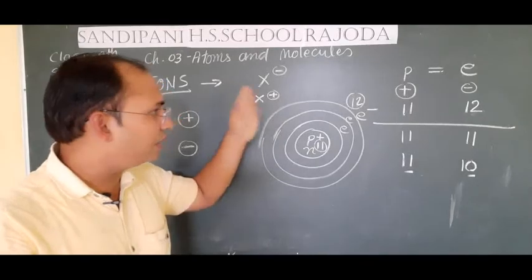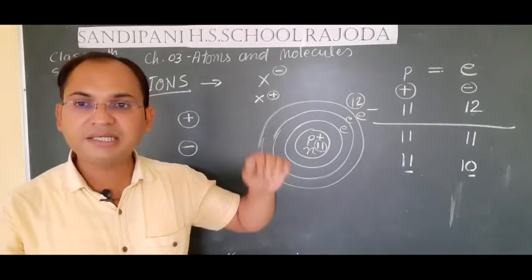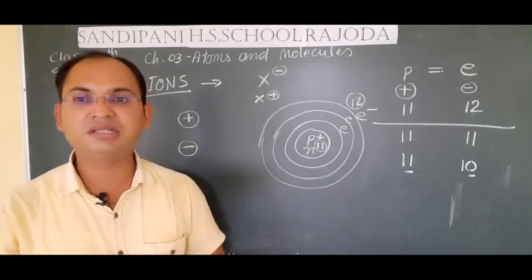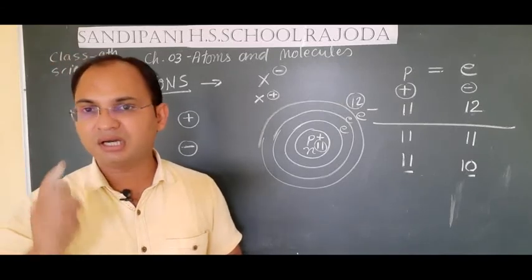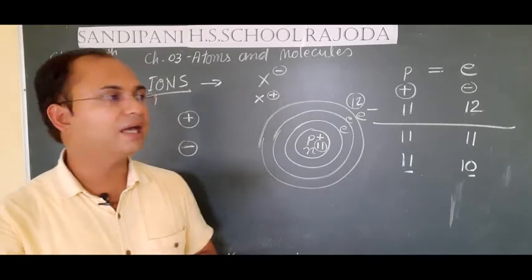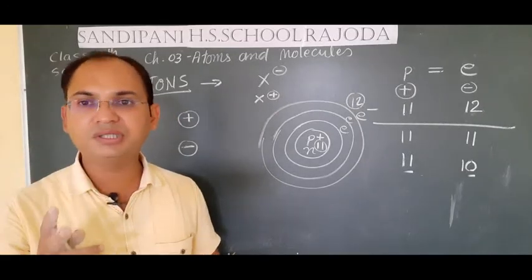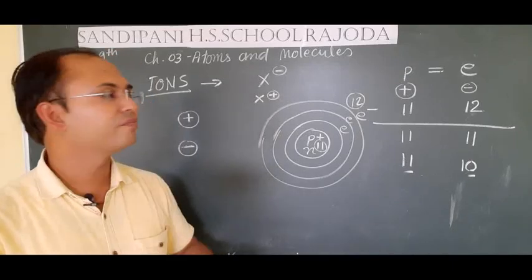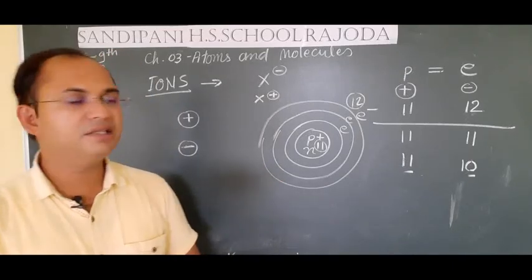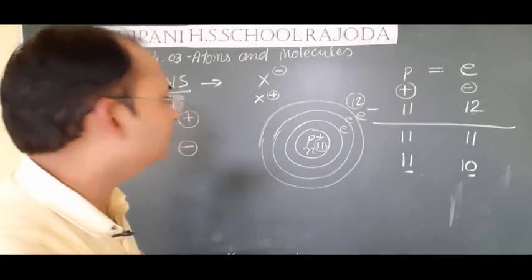So, by combining with other elements, they get stability and they exist in nature in the form of compounds. So, students, always remember the atom exists in the form of two things. One is in the form of molecules and second is in the form of ions. In this way, the matter exists in nature.